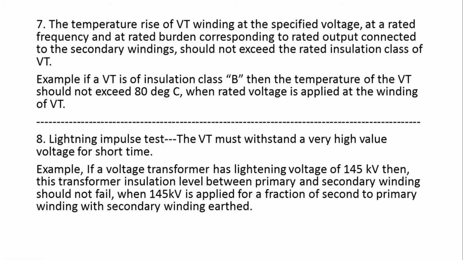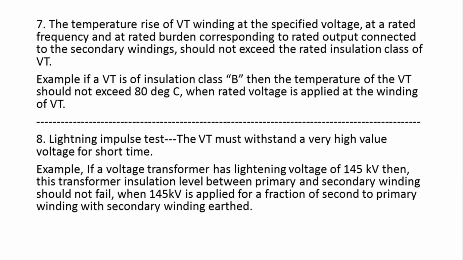The temperature rise of VT winding at the specified voltage, at a rated frequency and at a rated burden corresponding to rated output connected to the secondary winding, should not exceed the rated insulation class of VT. Example, if a VT is of insulation class B, then the temperature of VT should not exceed 80 degrees Celsius when rated voltage is applied at the winding of VT.